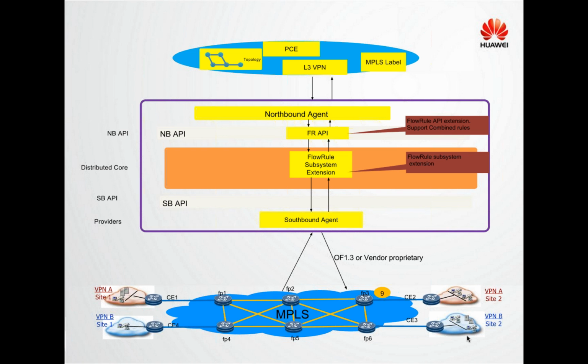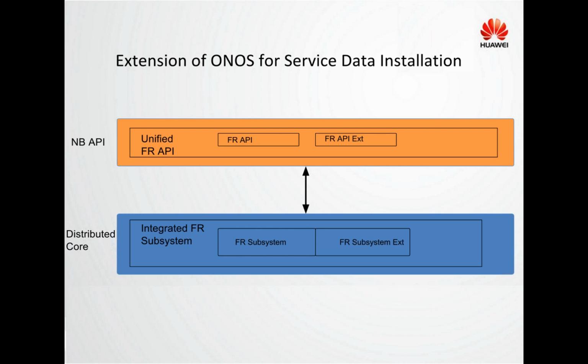And also this supports normally for the service application service right now. This supports multiple tables, so that means the service can be installed in multiple tables. So this is naturally an extension to the ONOS flow rule subsystem.